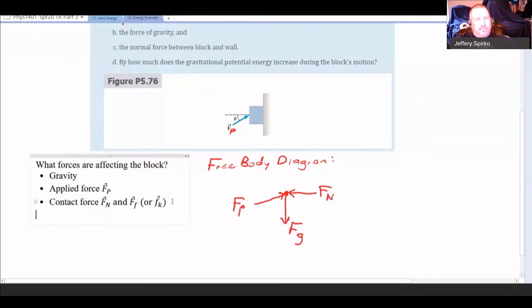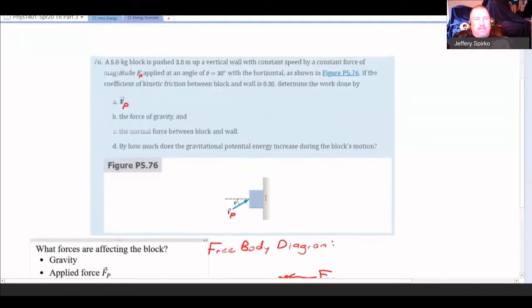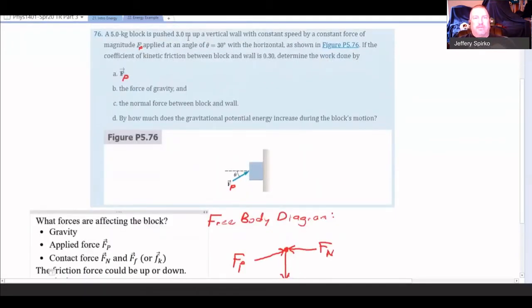And then we have this little conundrum. The friction force could be up or down. And we have to decide which way it is. And in this case, the block is moving upward. It is being pushed up. So that is an active verb that's saying that something is actually happening.